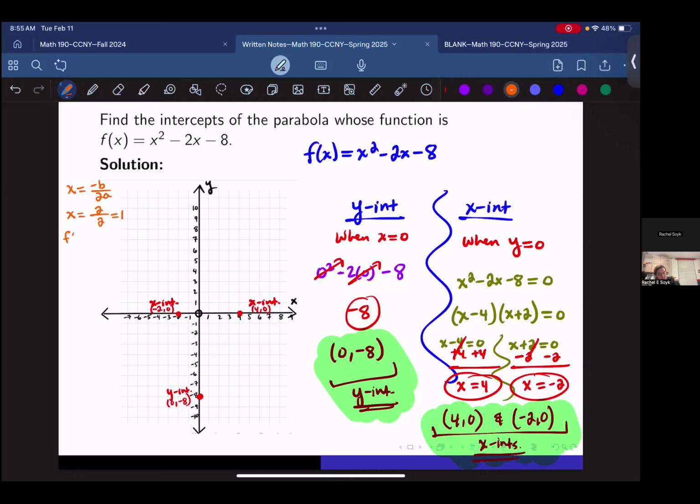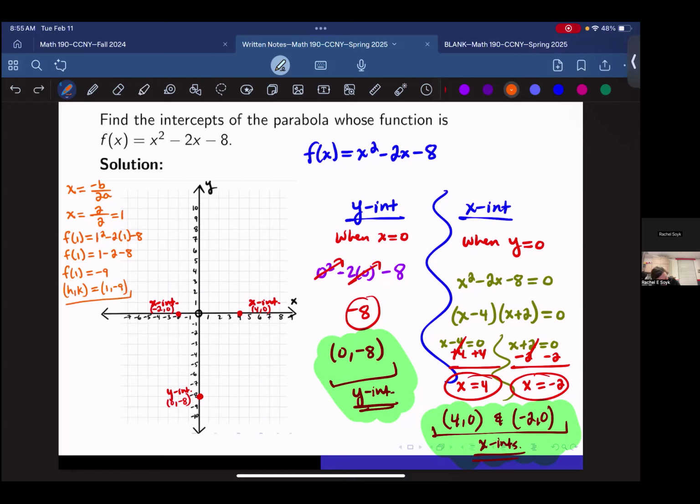And then we plug that 1 into our function again to help us with computing our vertex. And so when x is equal to 1, we get y is -9. So our vertex, our (h, k), is (1, -9).